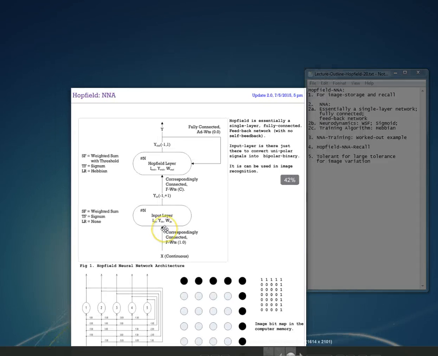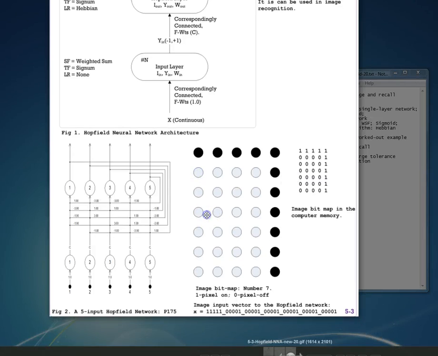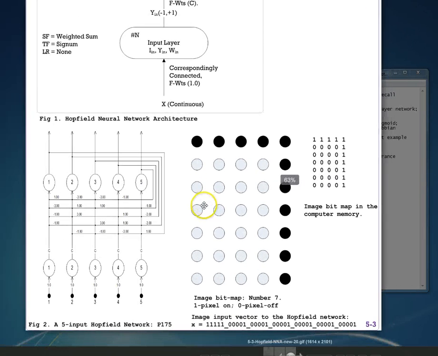When you look at image recognition systems, assume the images are black and white. Images are represented by bitmaps. For example, this is a 5 by 7 matrix representation, which essentially creates various types of characters.